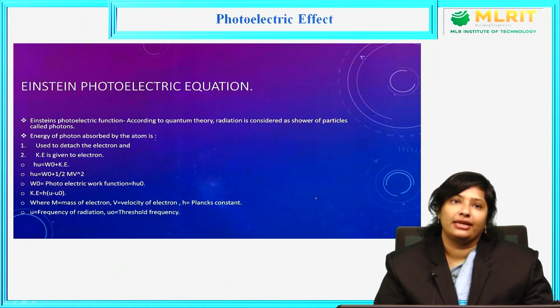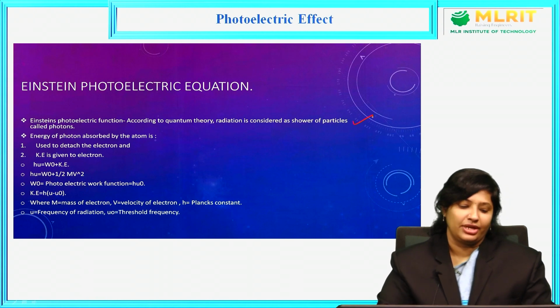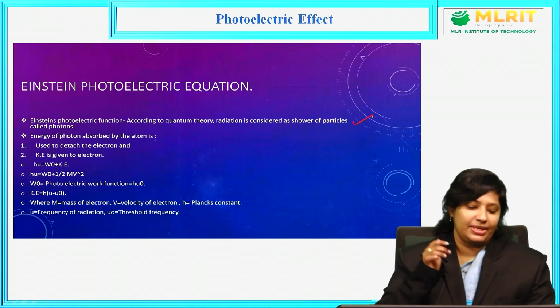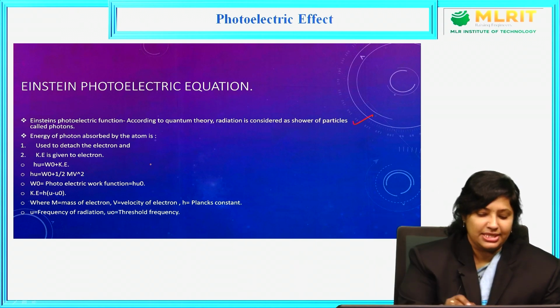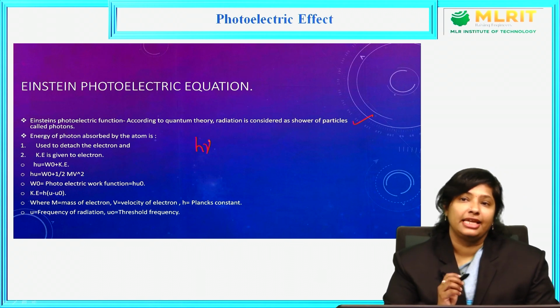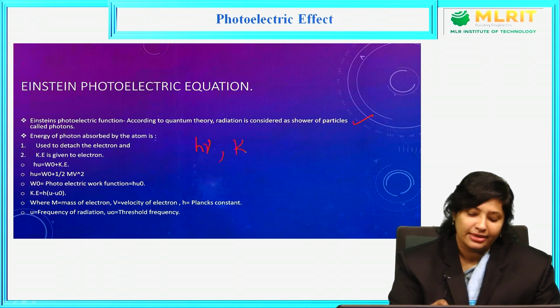Einstein photoelectric equation. According to Einstein, the radiation is considered as a group of particles. The energy of a photon absorbed by an atom is given by h nu, and the amount of energy emitted by a photoelectron is given by the kinetic energy.